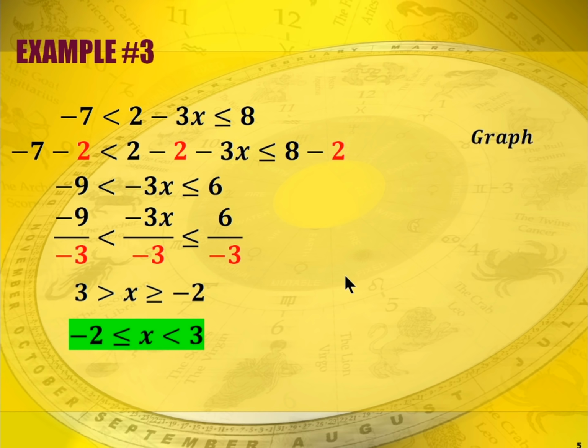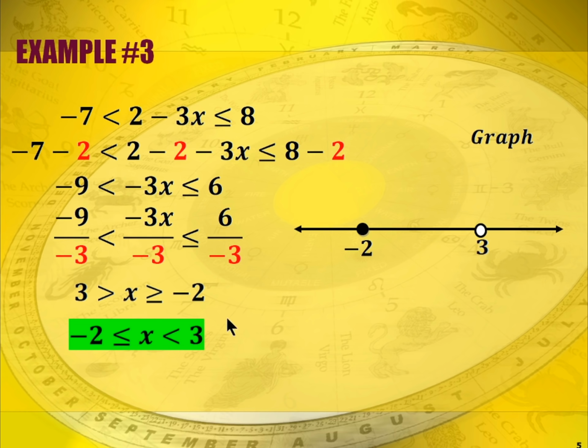So by graphing, we have the real number line. Okay, so we have 2 points, negative 2 and the other one is 3. Notice that 3 is an open circle, while negative 2 is a closed circle because of the greater than or equal to.